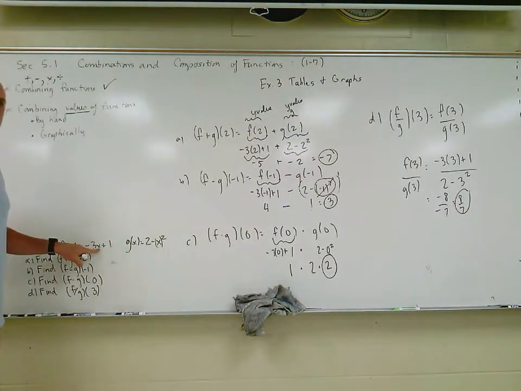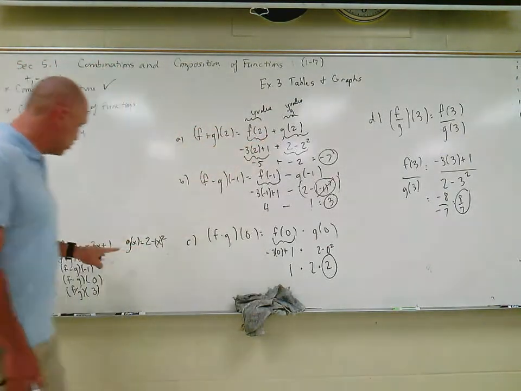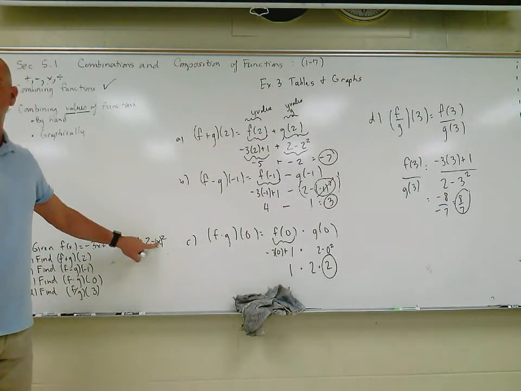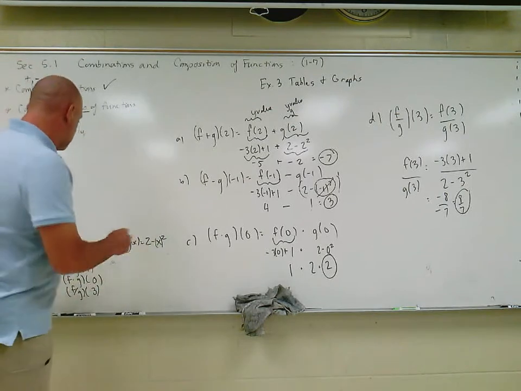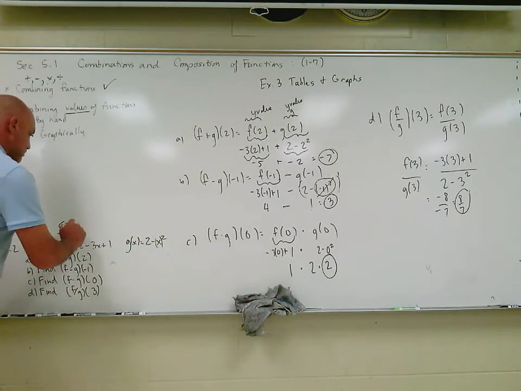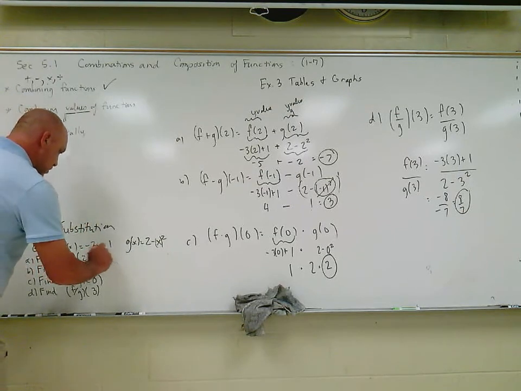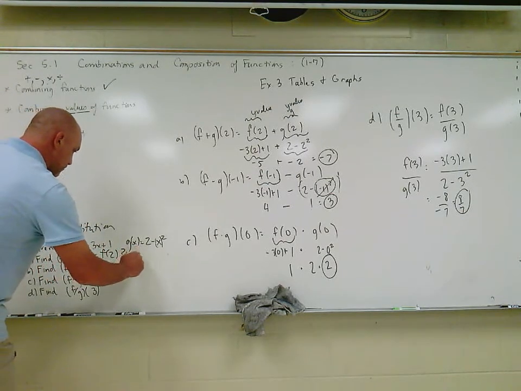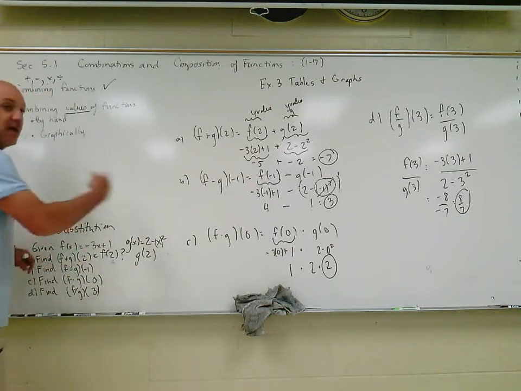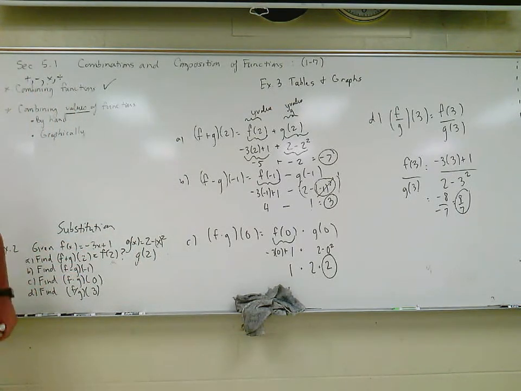I have to substitute in and get it that way. And how did I find g of 2? Well, I had to go to the equation and substitute it in. So in these problems I'm using substitution, because I have to sub the x's in to get those. You don't always have to do that. Depends on what they give you.